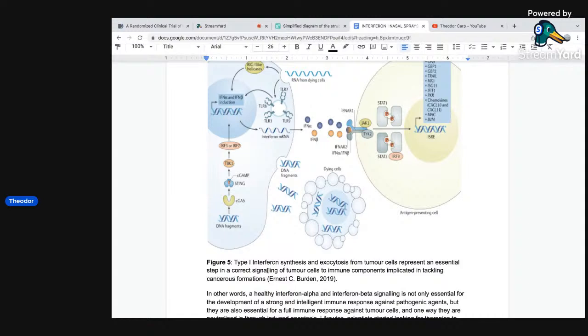Through what processes? Basically, there's a series of processes, but a normal signaling of type 1 interferon will induce apoptosis of cells that have mutated DNA.